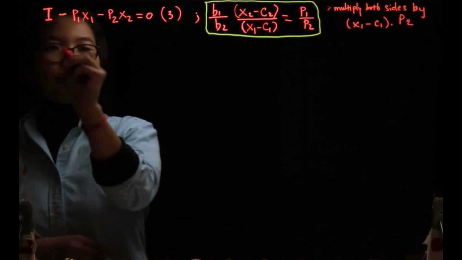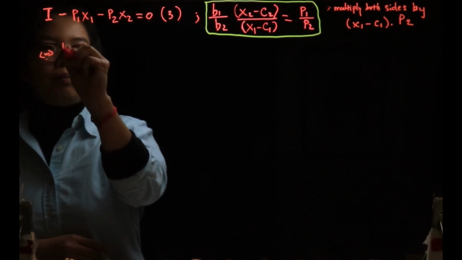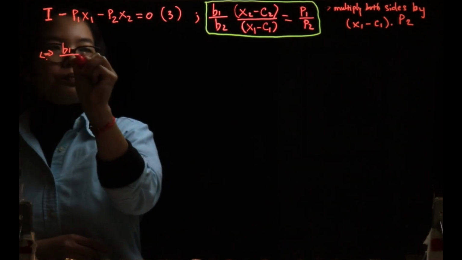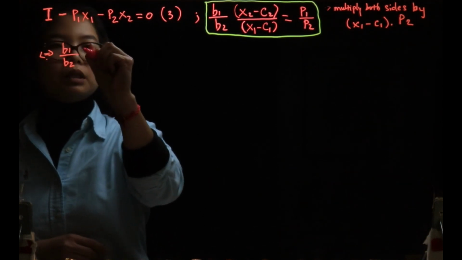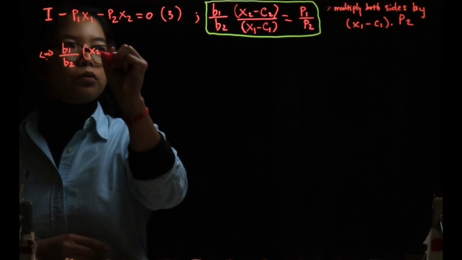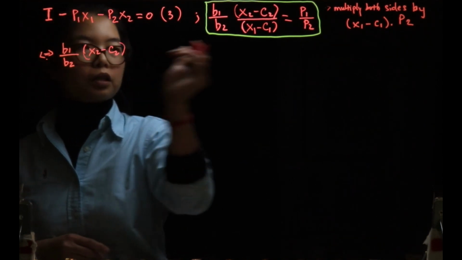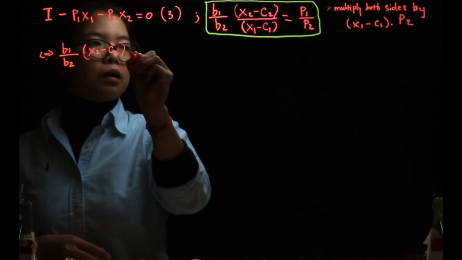We would have b1 over b2 times (x2 minus c2). x1 minus c1 is gone when we multiply with this, right?